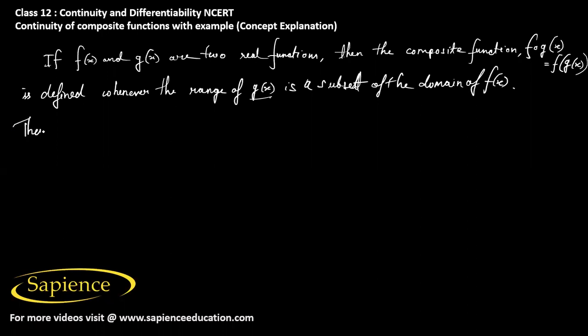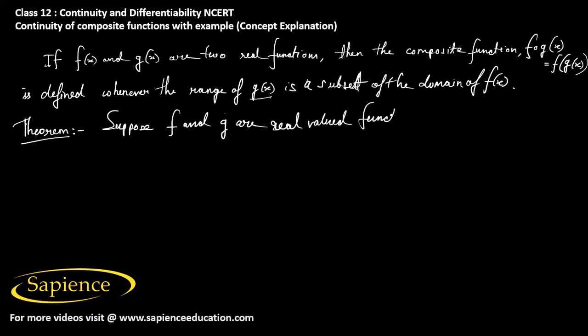The theorem on the continuity of composite functions is: suppose f and g are two real valued functions such that f of g of x is defined at x equal to c.